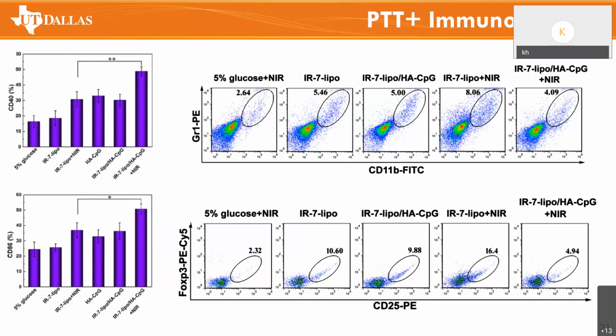These results show that by using the immunoadjuvant, this mechanism is reversed, and the immunosuppressive tumor microenvironment induced by PTT is reduced. So it shows that the combination of PTT with immunoadjuvant is helpful for cancer treatment.